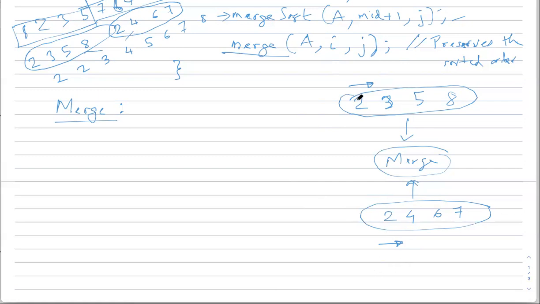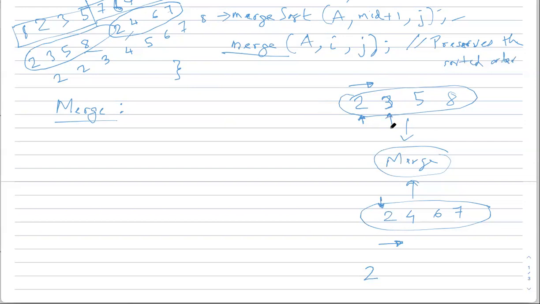First it will encounter 2 and 2, because the pointer to begin with is here. If it has to pick, it can pick any, so it picks 2. Once it picks 2, the pointer moves forward.